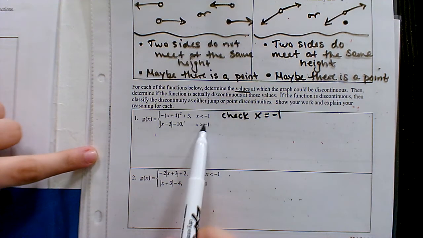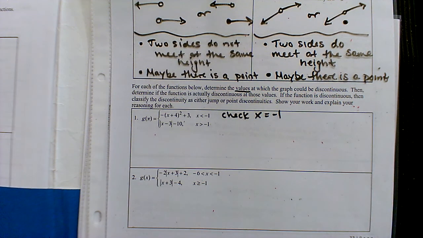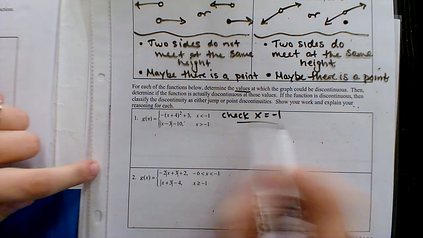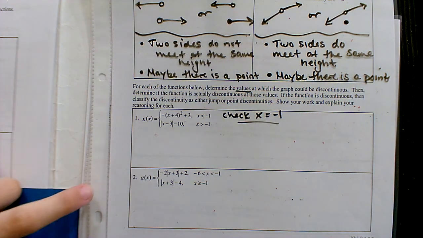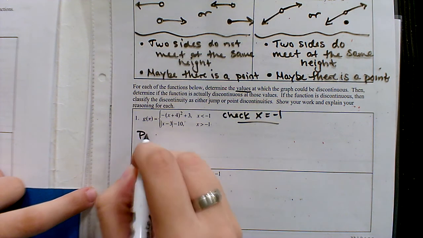So notice how -1 is the location where the first one ends and the second one begins. Okay, we want to make sure that they're meeting up, because if they don't, that's a jump. If they do meet up, that's good, but we got to make sure there's a closed circle there too. Okay, so we're going to check that x value of -1. Let's go ahead and see if we have a point.